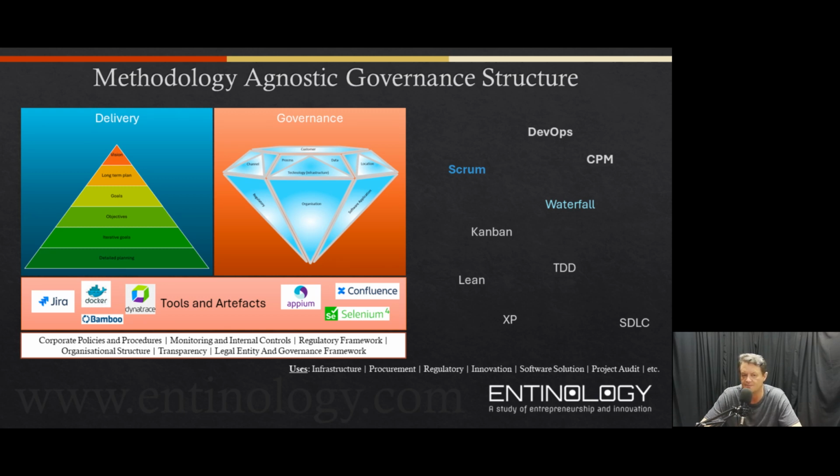So often with regulatory projects, you will use a multi-methodology to execute, but you will definitely use some form of waterfall to track the progress. Project audits is also very interesting. The diamond's very useful there because it enables you to get a proper view of how things have been planned and executed. Anyway, that is a short overview of how Entinology does planning.